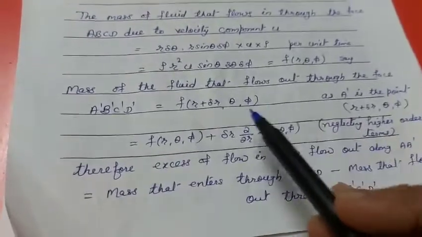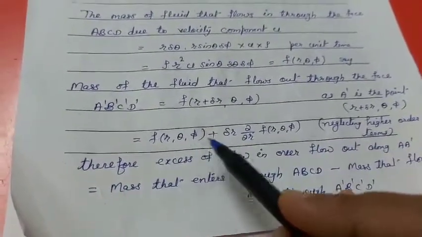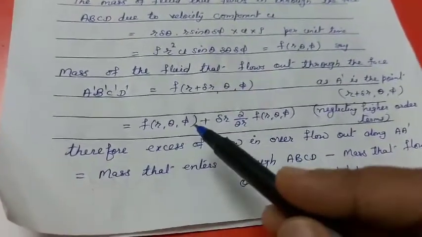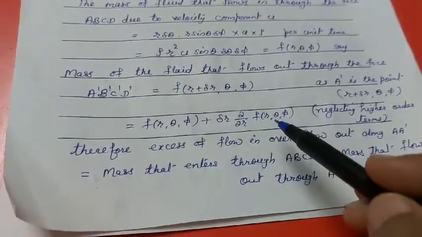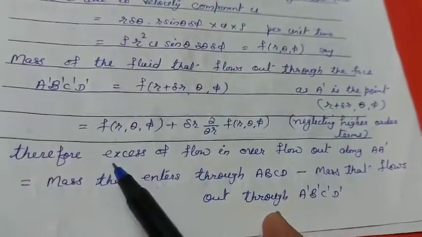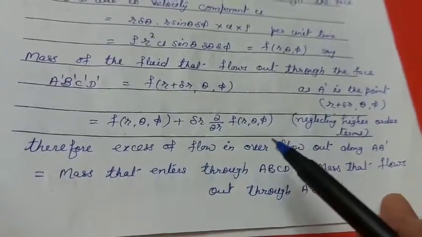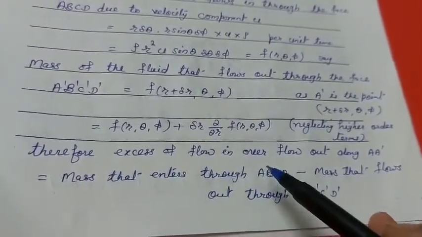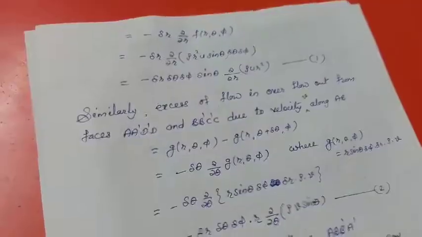Now, expanding this expression by Taylor's theorem and neglecting higher order terms of delta r, we have f of r, theta, phi plus delta r del by del r of f of r, theta, phi. Therefore, excess of flow in over flow out along AA' is equal to the mass that enters through ABCD minus the mass that flows out through A'B'C'D'.